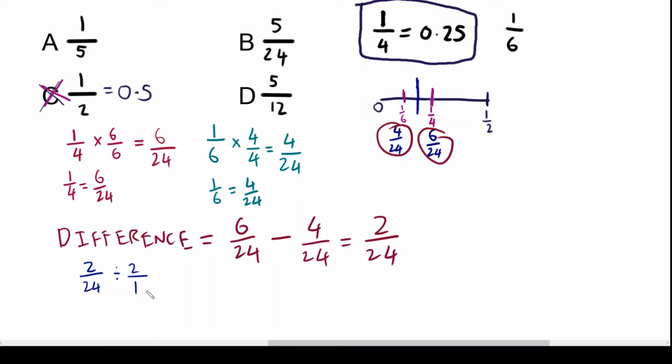That's the same as dividing it by 2 over 1. 2 divided by 2 leaves me with 1. 24 divided by 1 is just 24.